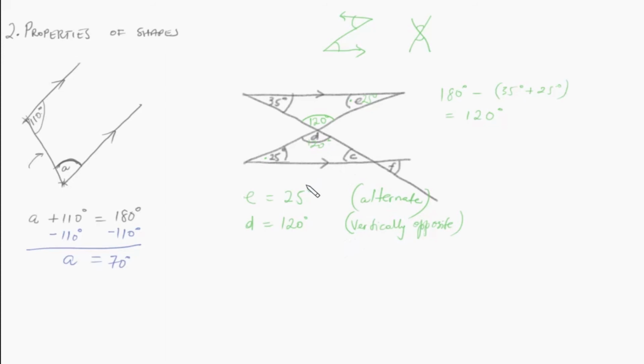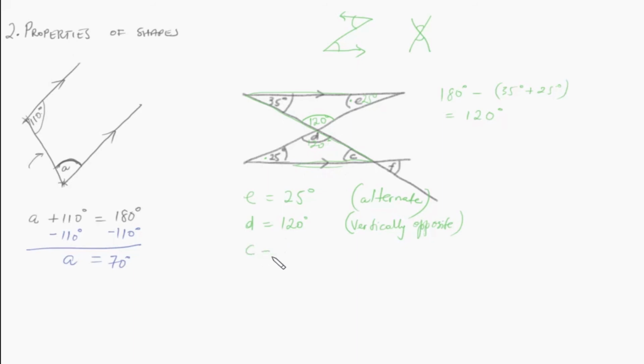Now, if we have this angle and this one, we can find this one using the sum of the interior angles of a triangle. But I would like us to use this Z angle here, because C and 35 here are alternate angles, so they are equal.